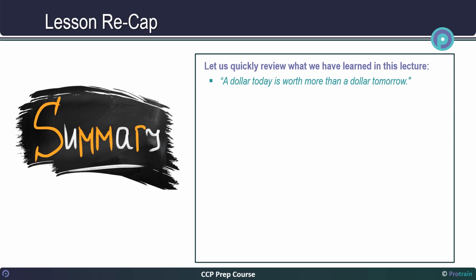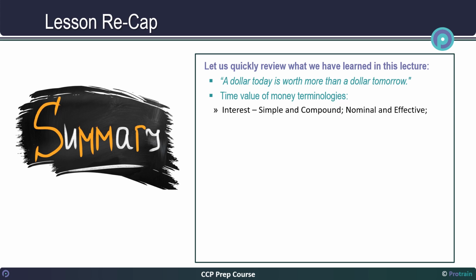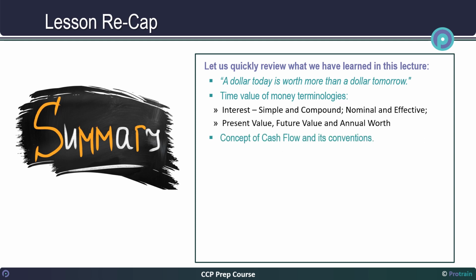Thereafter we understood the following time value of money terminologies: interest, simple and compound, nominal and effective; present value, future value, and annual worth. We understood the concept of cash flow and its conventions. We briefly understood the concept of economic equivalence as well.